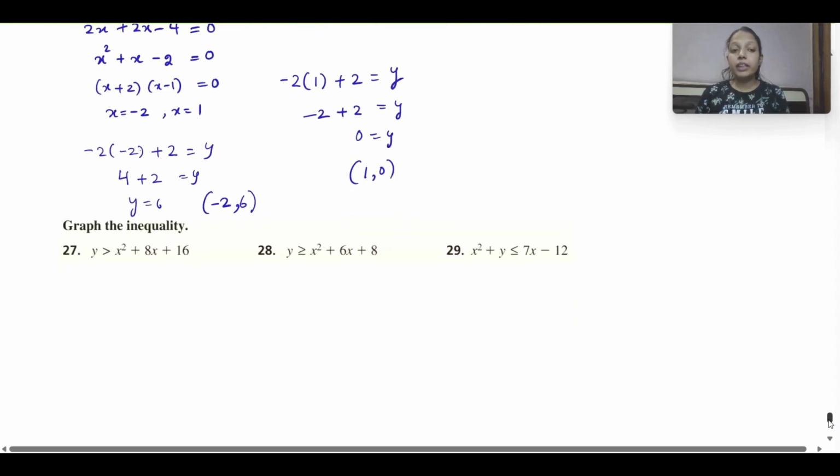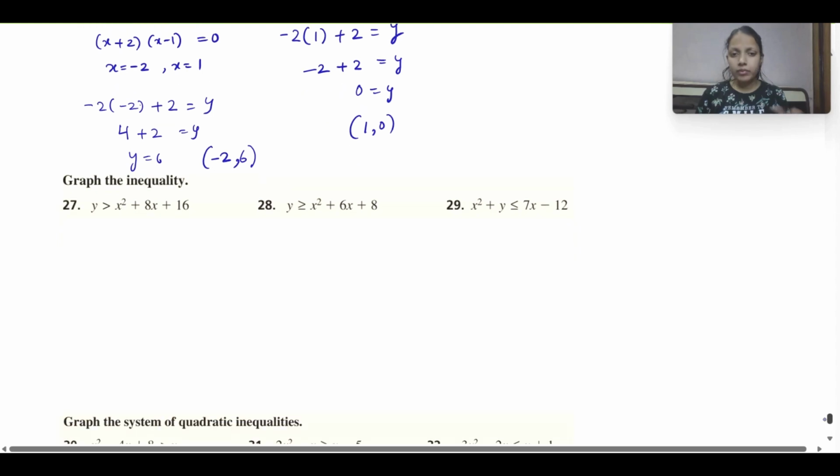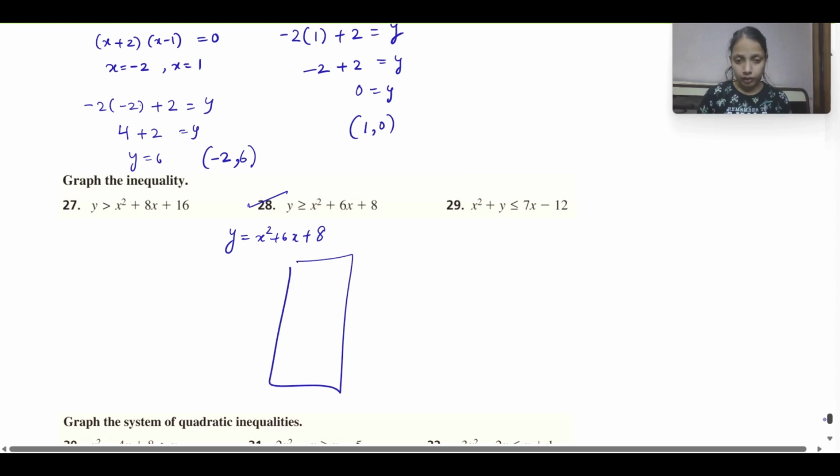Next, graph the inequality. So we will try to graph it. Which question will we try? Let's try 28. To draw it, I am taking equal to, only for getting the coordinates. I substitute x and y.